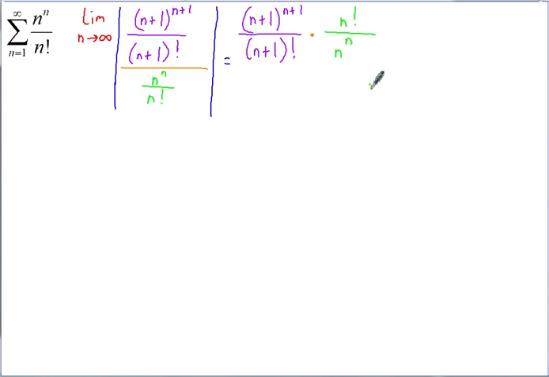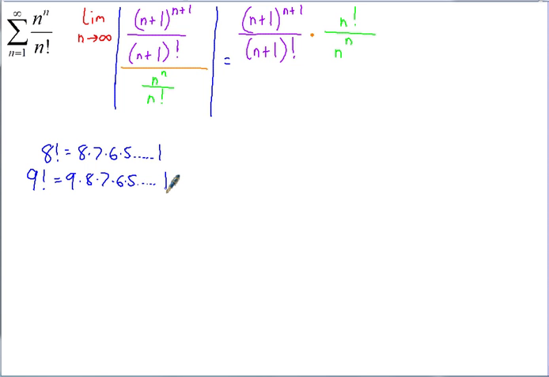So to simplify this, let's start with the factorials here. Notice factorial means, like if it was 8 factorial, that would be 8 times 7 times 6 times 5, all the way down to 1. And notice this is 1 more factorial. So if that was 9 factorial, for instance, 9 factorial would be 9 times 8 times 7 times 6, 5, all the way again down to 1.